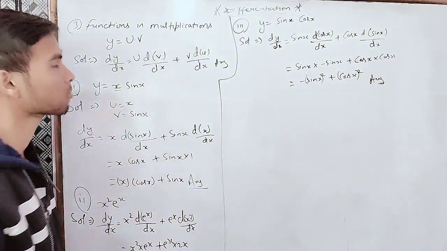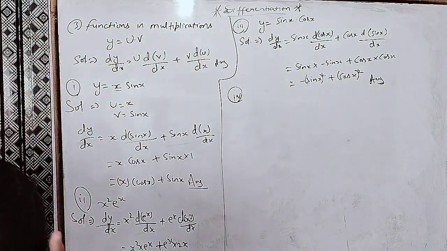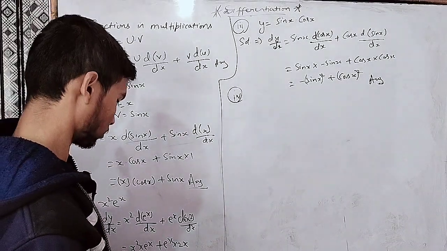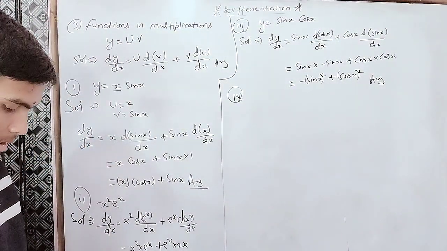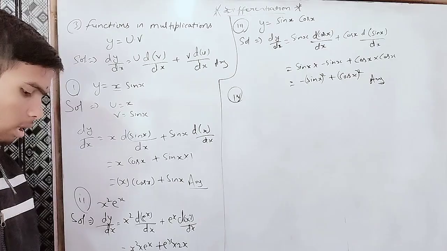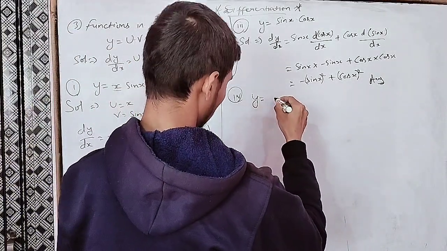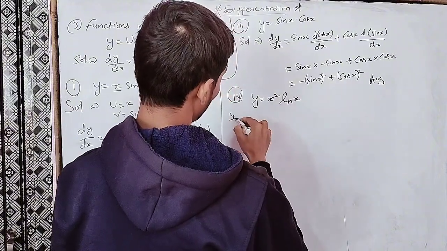Next question, let's take. Now we have y is equal to x square, then ln x.